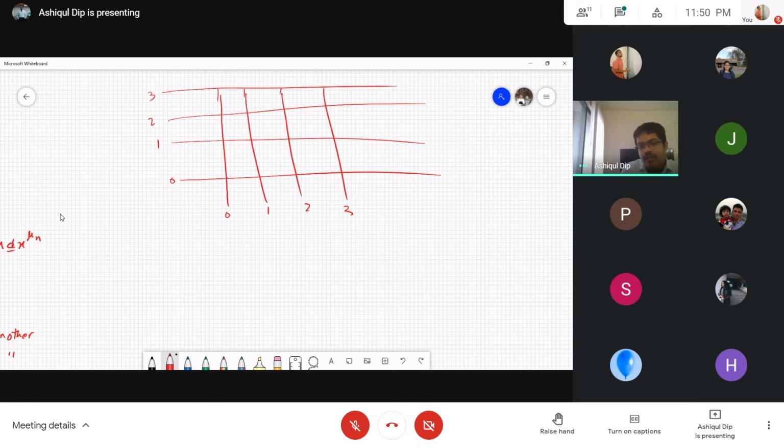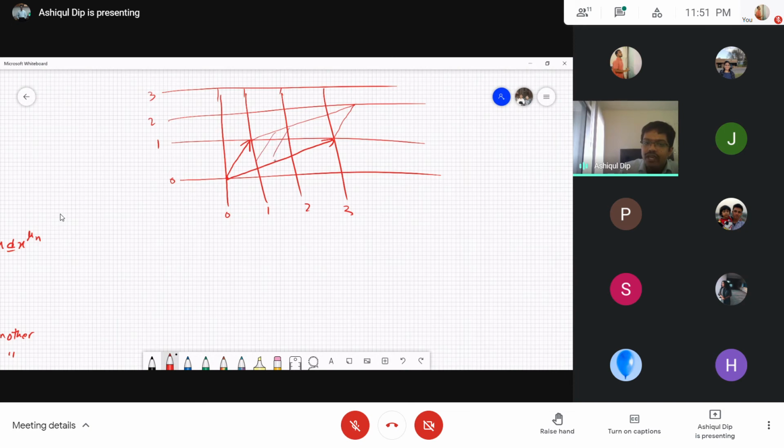Now, if you have two vectors, one is like this, another say this, and you construct a parallelogram out of the whole thing, which would be like this.